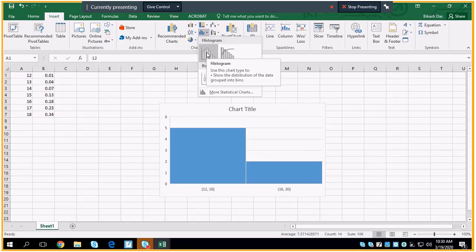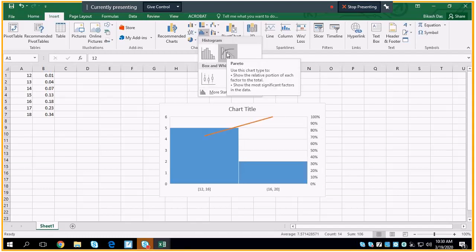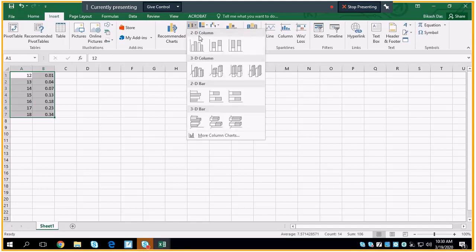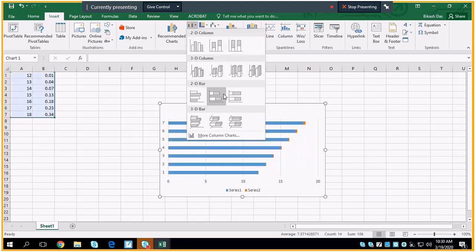If I click on this, it's going to show me the age group between 12 and 16 and the age group between 16 and 20. This one shows you the Pareto chart. If you go ahead and try the other graphs, for example the recommended graphs, that is one option you can always try, but what I prefer is to pick the simple bar graphs.